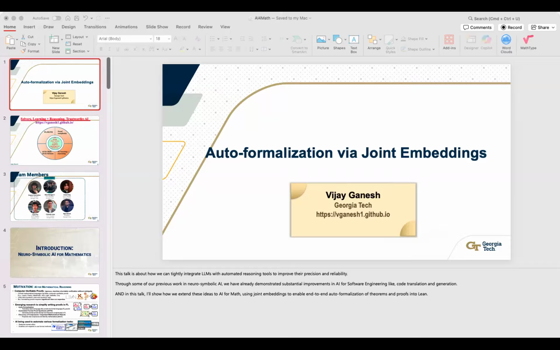So the property that I would like for such a model to possess is the following. It should map in its embedding space the proof in formal language and the proof in natural language to close enough points if they are indeed equivalent.